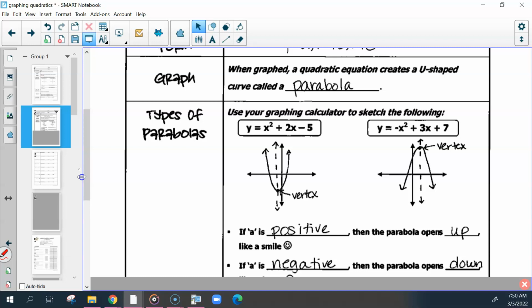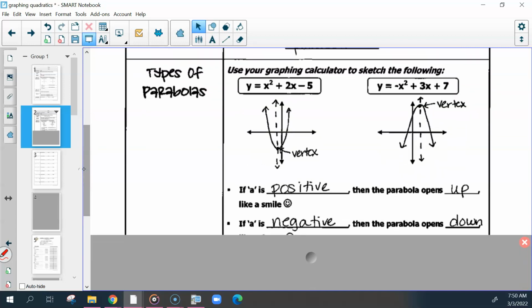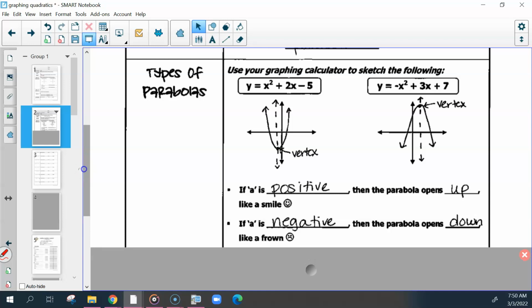If the a value is negative, or whatever is in front of the x squared is negative, then our parabola, our U shape, is going to face down. Anyone still need this part?